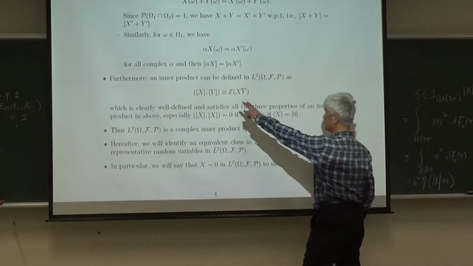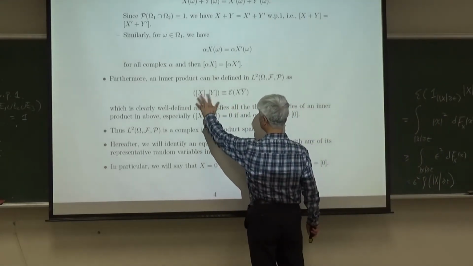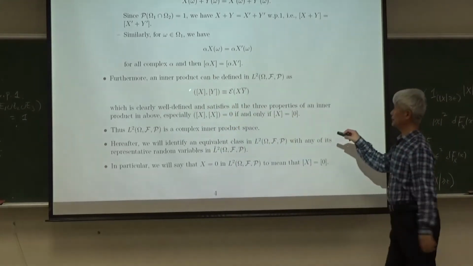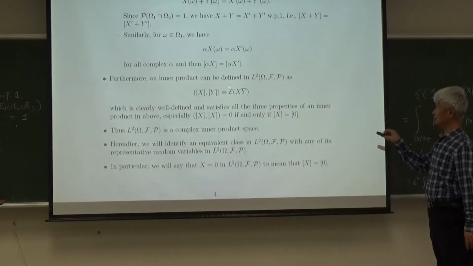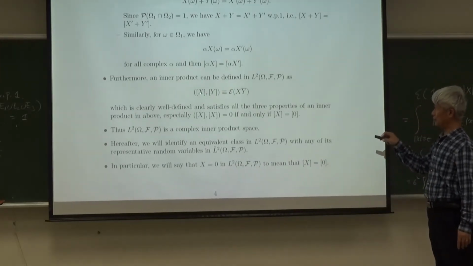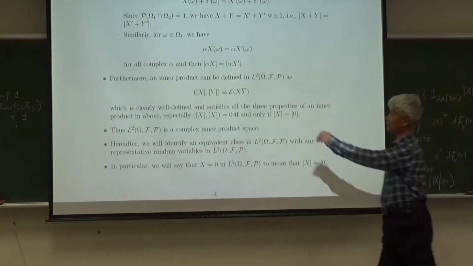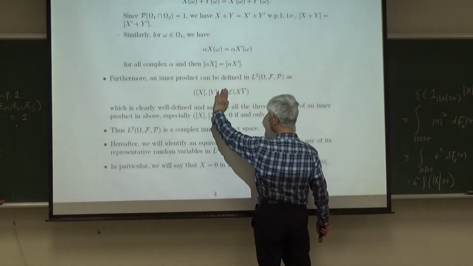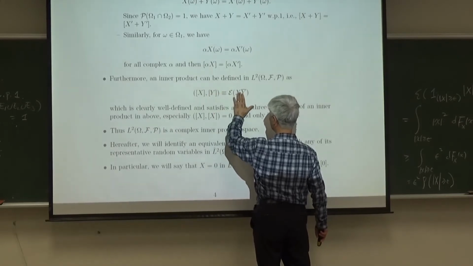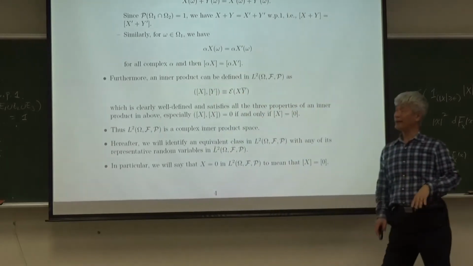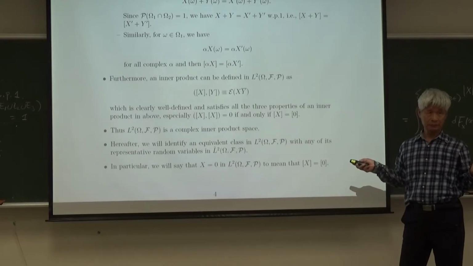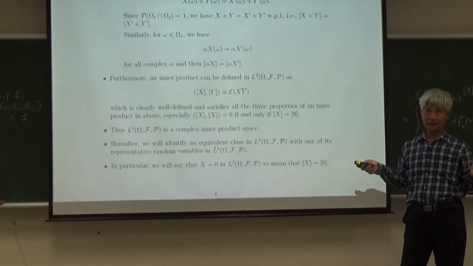The inner product of two equivalence classes can be defined to be the inner product of their respective representatives. You can take any representative from each class to form the inner product here, and they will have the same value.